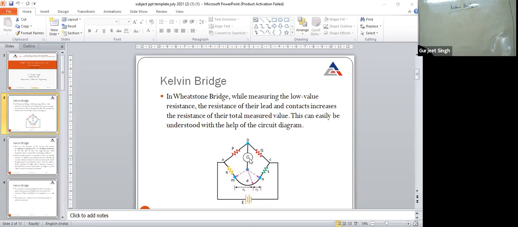But there is one problem in the Kelvin bridge.